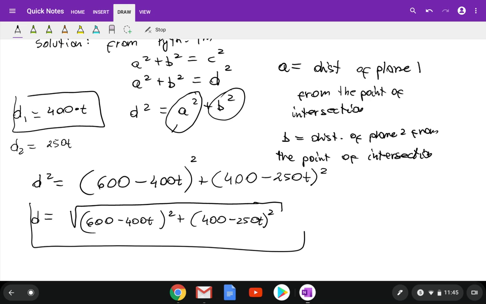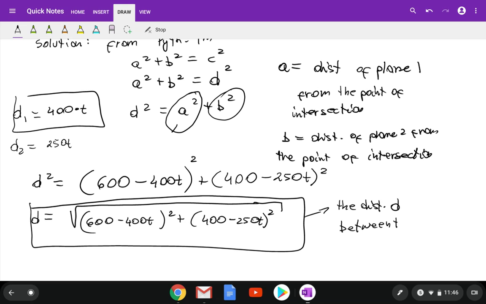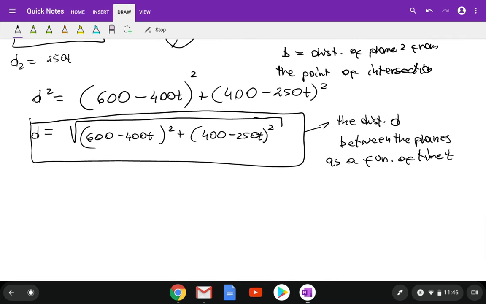Okay, so this is what we have from part A. We built a model that expresses the distance d between the planes as a function of time t.